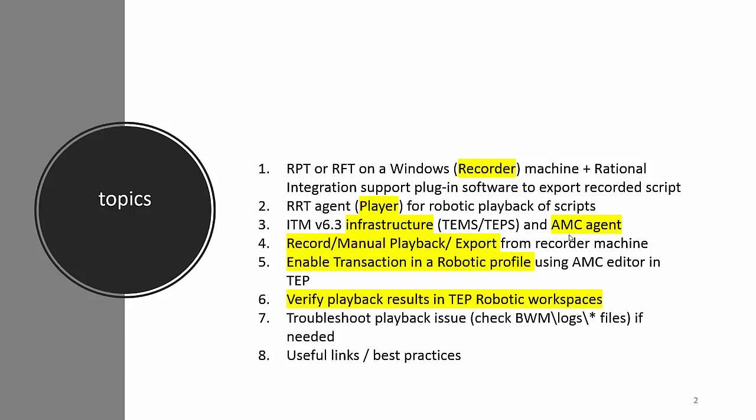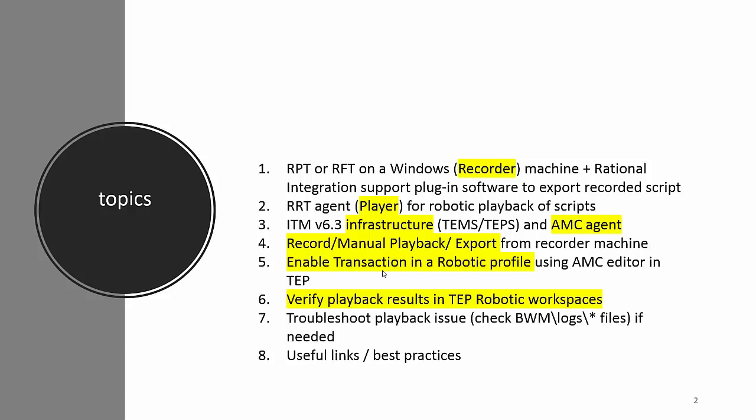So the main steps are: you record a script, you manually play back the script, and then, if everything is okay, you export your script from the recorder machine. And then you enable a transaction using a robotic profile by accessing in the TEP client the AMC editor, or Application Management Configuration editor.